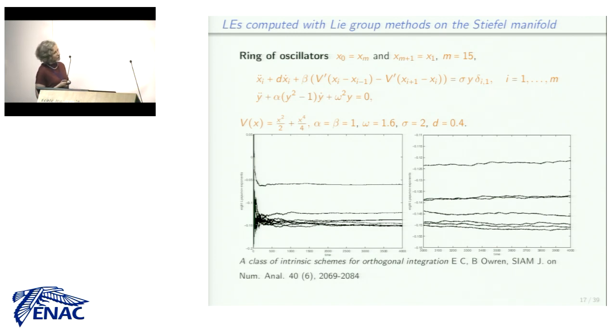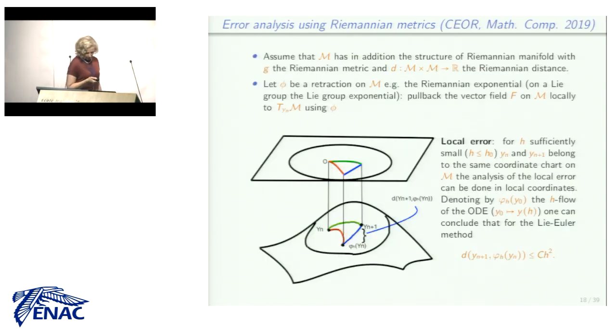In fact, there are a number of details that one should describe in order to convince you that this is really a cheap method, but I don't have the time to do this now. All right, let me proceed.